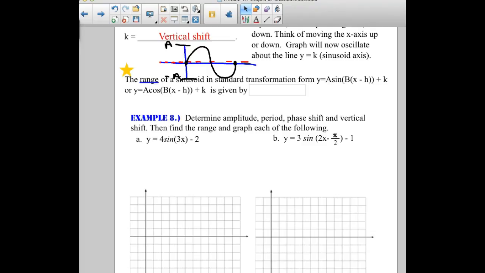Okay, we can find it by taking whatever our new line is and adding and subtracting our A value from it. Okay, so we're going to take that new K value and we're going to subtract A to find our low value, and we're going to add A to find our high value.